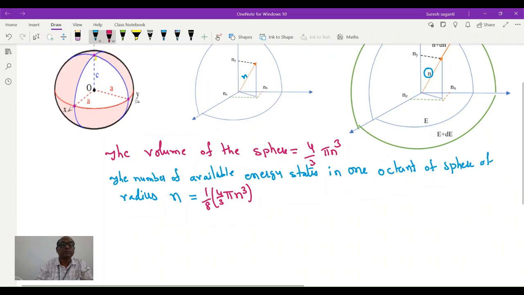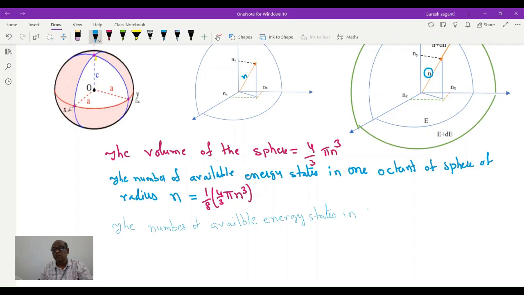Now the number of available energy states in one octant of sphere of radius n plus dn is equivalent to 1 by 8 into 4 by 3 pi n plus dn whole cube.